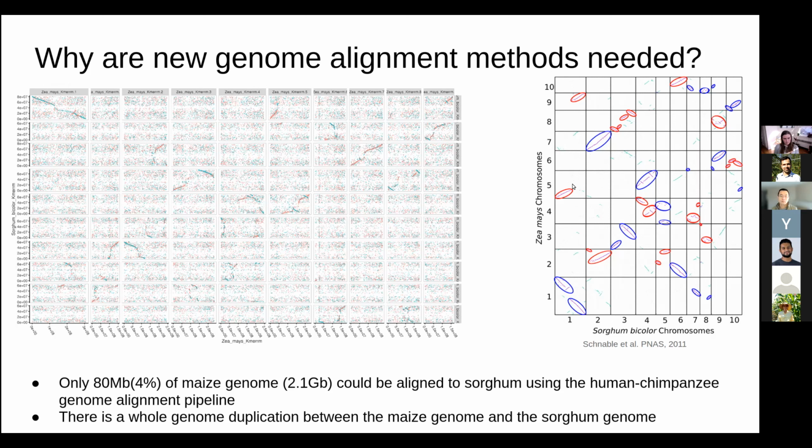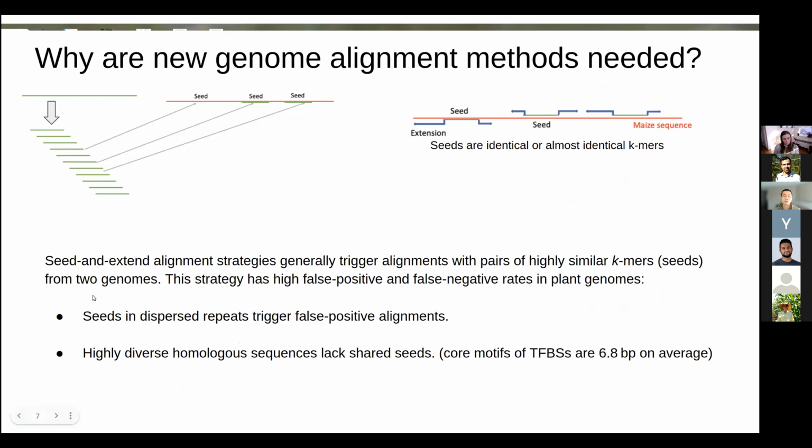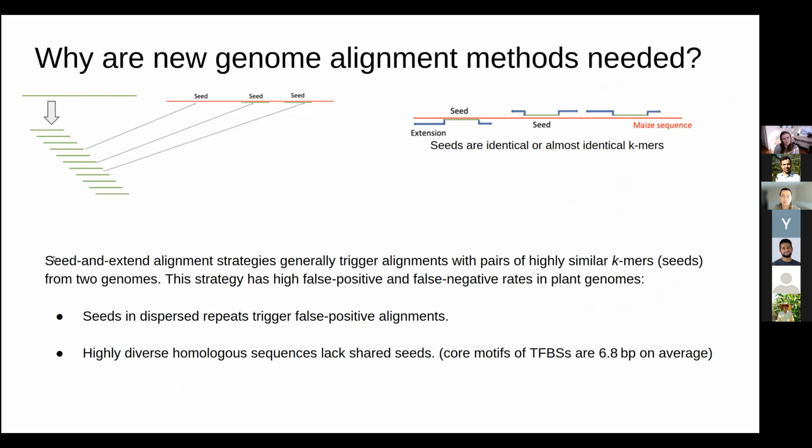And we also looked further into why such a tiny proportion of the maize genome could be aligned to the sorghum genome. For the existing genome alignment tools, in general, we use a seed and extension alignment strategy. Firstly, for the reference genome, we generate k-mers, and we find shared k-mers between the reference genome and the query genome.